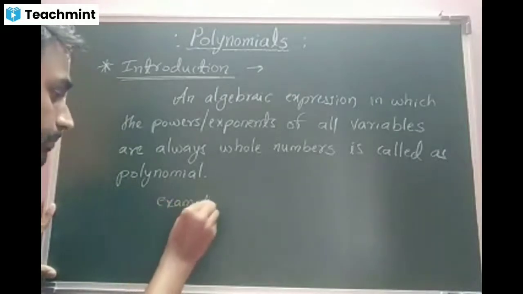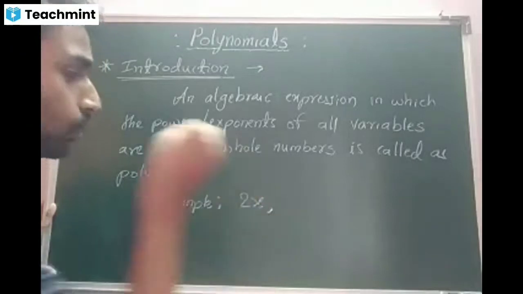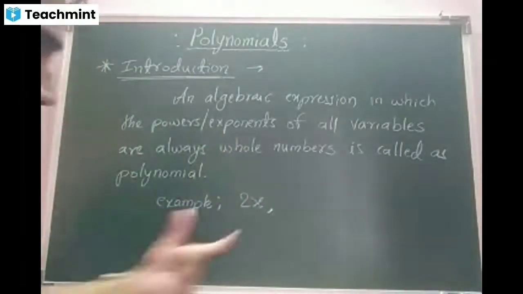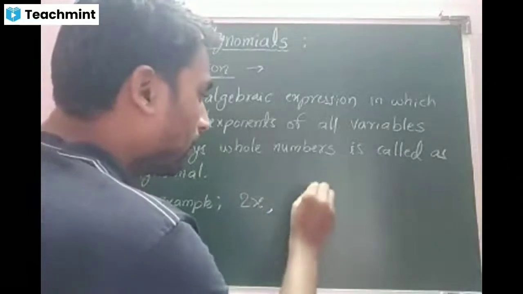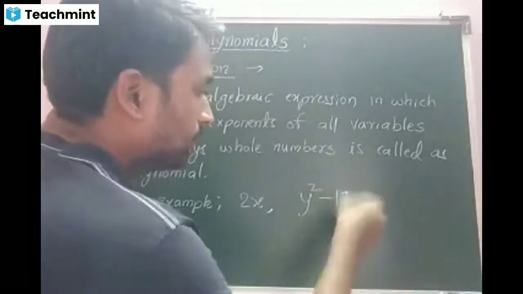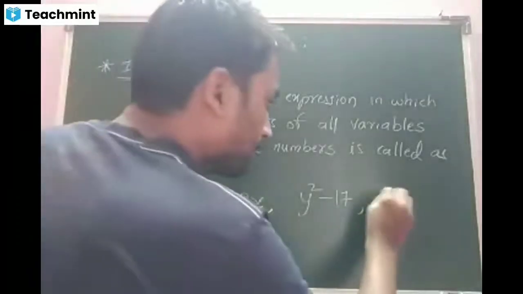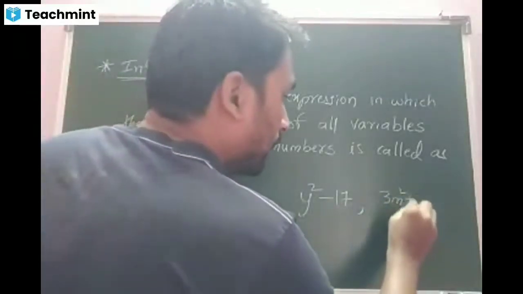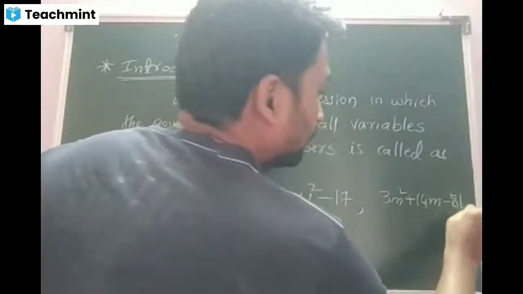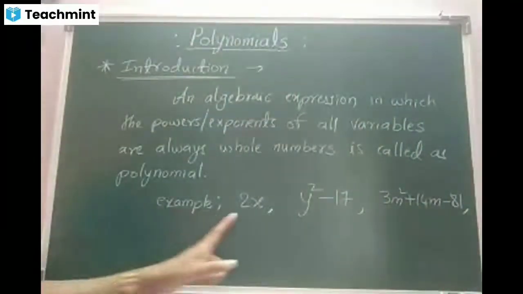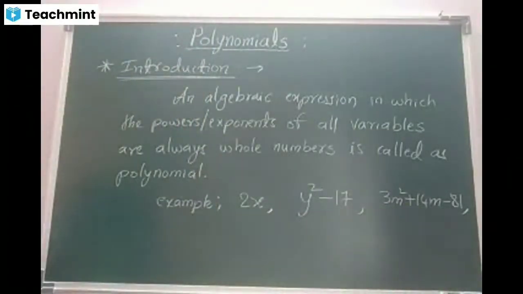For example, I'll write one simple one, 2x, which is a very simple polynomial. Then I'll take y to the power 2 minus 17. Then I'll take 3m square plus 14m minus 81. This is one set, beta.